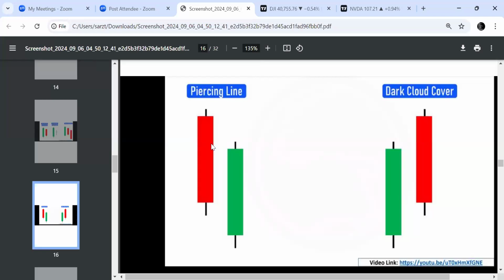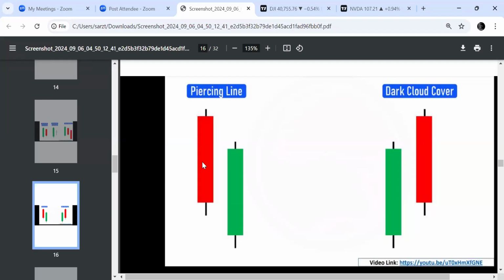In a downtrend, it's common to see red candles as sellers continue to dominate. The first candle in the piercing line pattern is a long red candle showing that selling pressure is still strong. The next candle typically gaps down, meaning the price opens lower than the previous day's close.